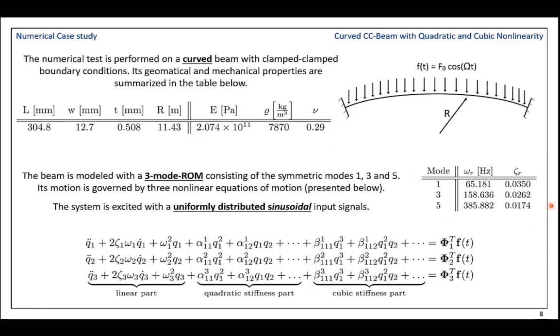The beam is modeled with a 3-mode ROM, and it is excited with a uniformly distributed sinusoidal force. Since the nonlinearity is represented here with quadratic and cubic terms, plus the ROM consists of 3 modes, there can be up to 16 polynomial terms in each equation of motion.